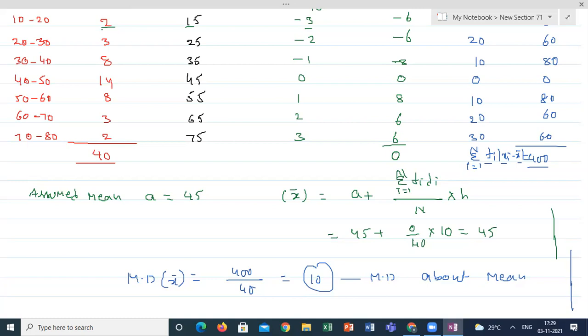Is it clear? Shall I go for some more exercise numericals? Yesterday, how many numericals did we complete from the exercise? Which numericals? Where are we, students? Once you complete it, please let me know.